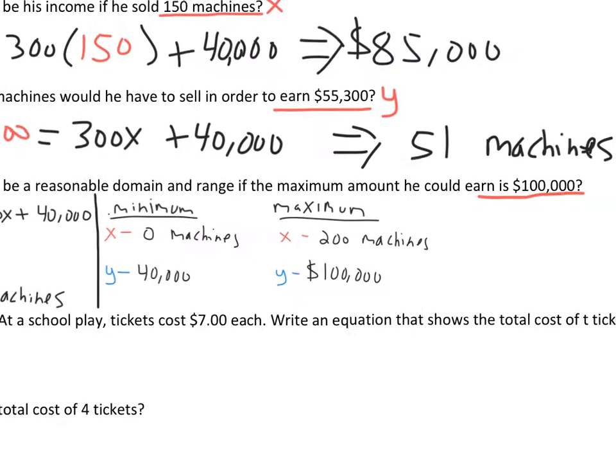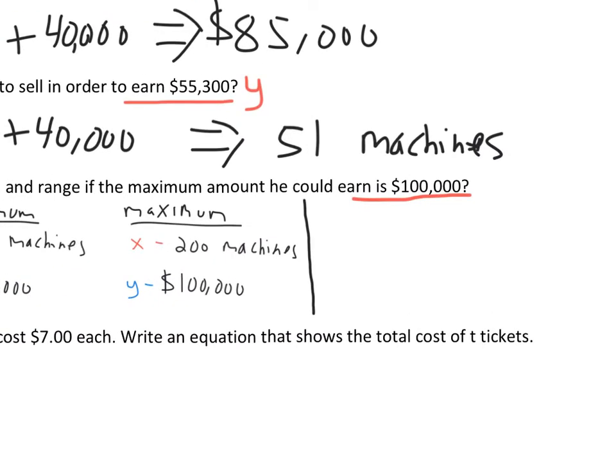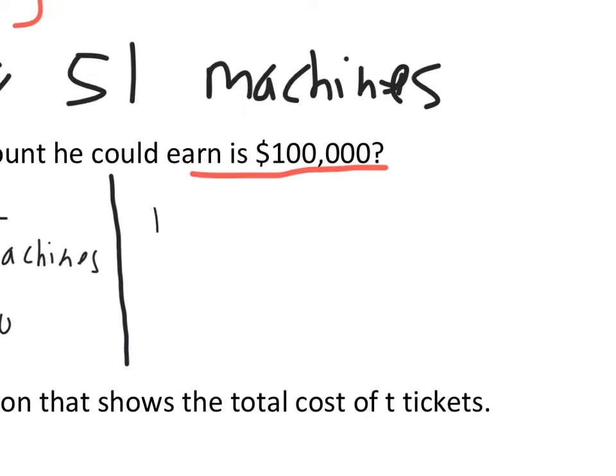Now for this domain and range, I don't expect you guys to write it all out because I don't want you to have to write numbers all the way to 200, but it is a discrete function, because you can't sell 1.5 machines. You either sell 1 machine or 2 machines and so forth, all the way up to 200. So something you can put for your domain: remember the domain is the x's, so the x values.